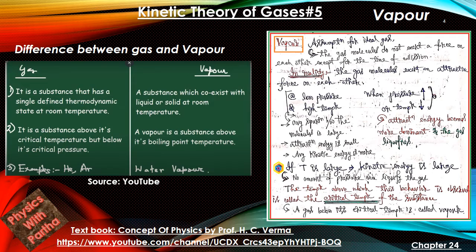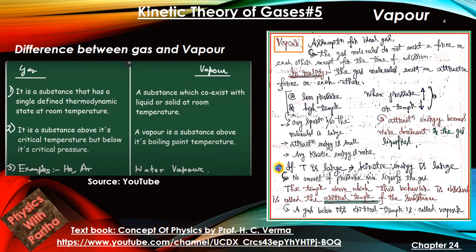Attraction energy becomes more dominant and the gas liquefies, and if we go to lower temperature and higher pressure, it finally comes to solid phase. Now if temperature T is large, then kinetic energy is large. It's obvious. So if the temperature is sufficiently large, no amount of pressure can liquefy the gas.